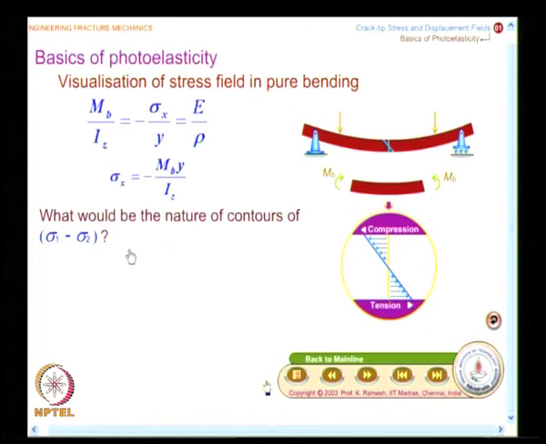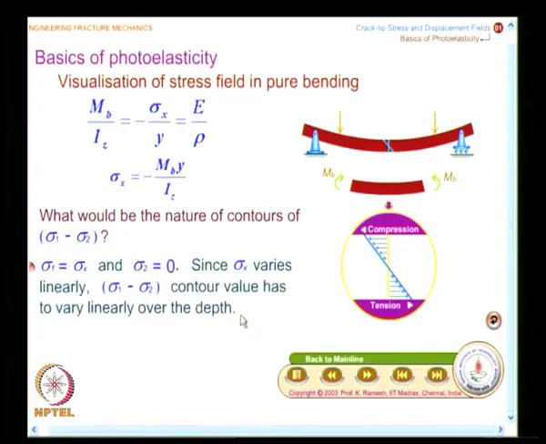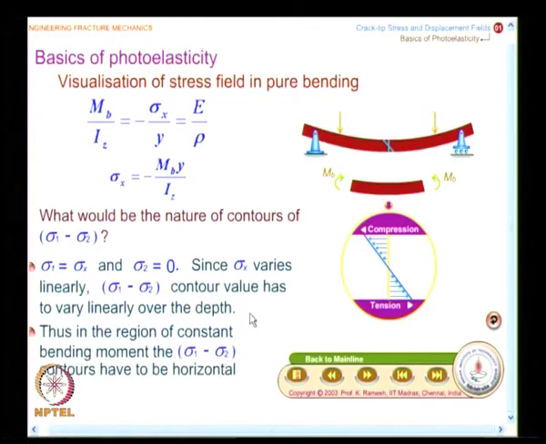This is the way I introduced photoelasticity for you, and we have been able to establish that the contours of sigma 1 minus sigma 2 have to be horizontal lines. This we have done based on analytical calculation, because the field is known, you know the solution. So, it is simple for you to establish how the contours will look.